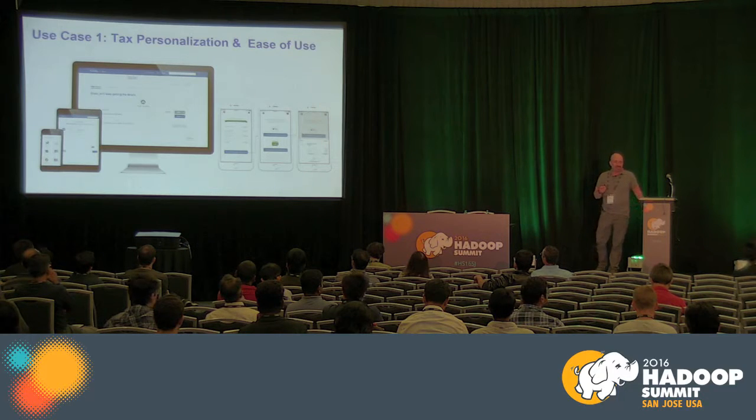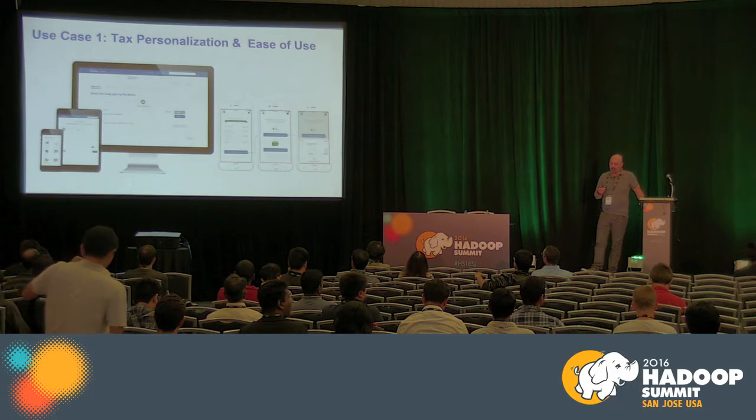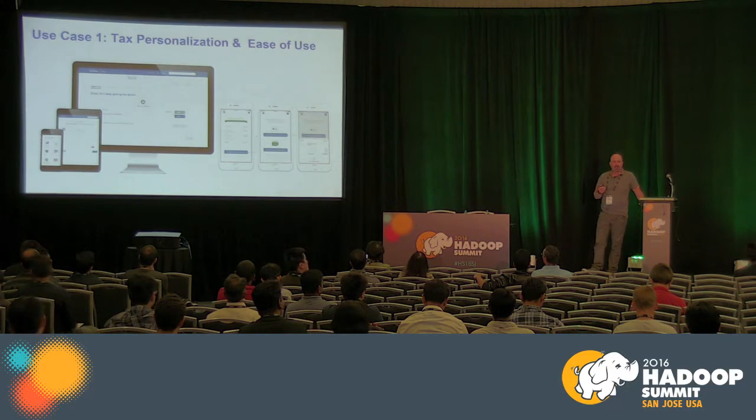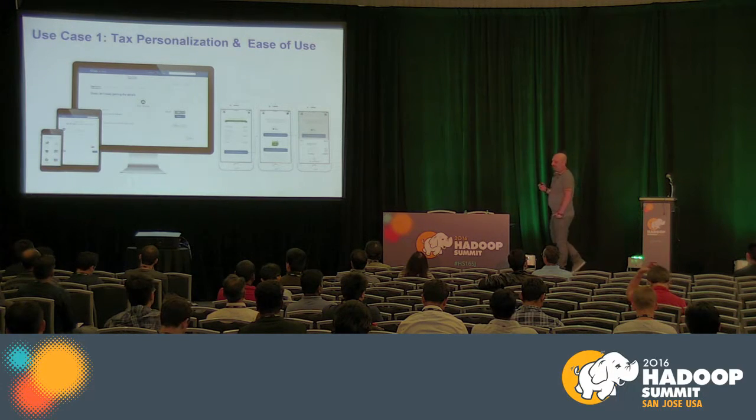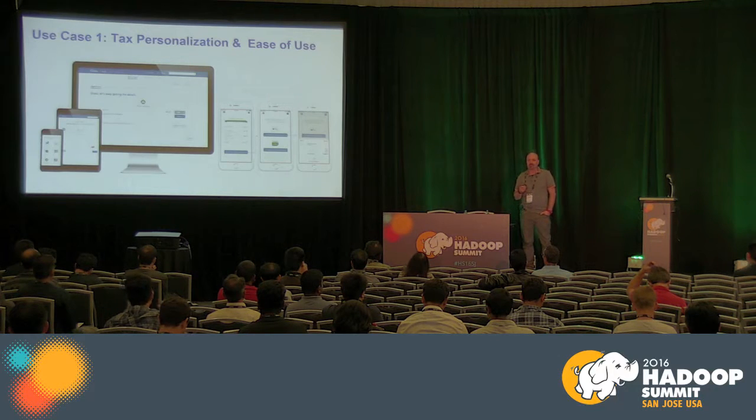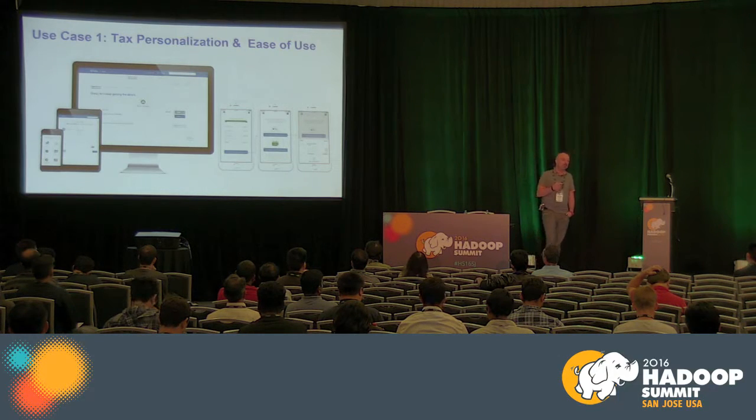Let me tell you about a use case to give an example of how Intuit uses that data. We use tax personalization by emitting beacons about all the users' activities when they load pages or click on buttons.